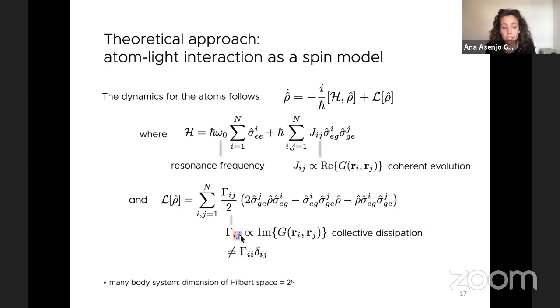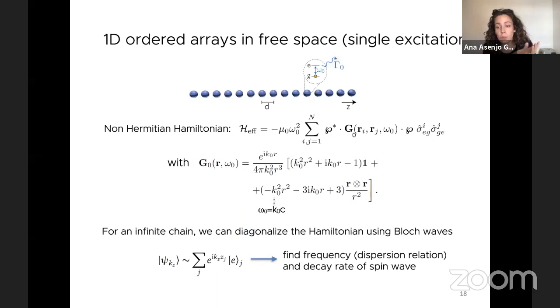I just want to remind everyone that this is a many-body system, so the dimension of the Hilbert space is 2^N. So in principle, it can be arbitrarily complicated. So what we're going to do is, instead of looking at many excitations, look at what happens when we have a single photon in our array. In that case, we can describe the system in a simpler way, via a non-Hermitian Hamiltonian, which is written here.